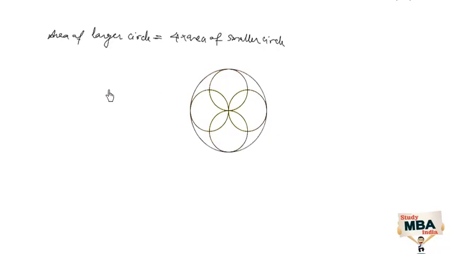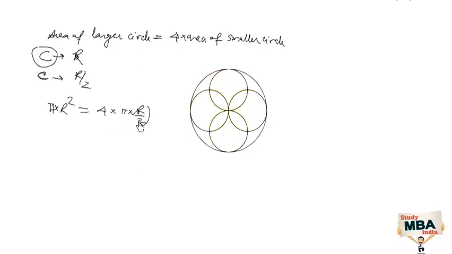Fine. If the radius of the larger circle, say C, is capital R, then the radius of each smaller circle will be R by 2. So the area of the larger circle will be pi R square, and that can be written as 4 times the area of each of the smaller circles.